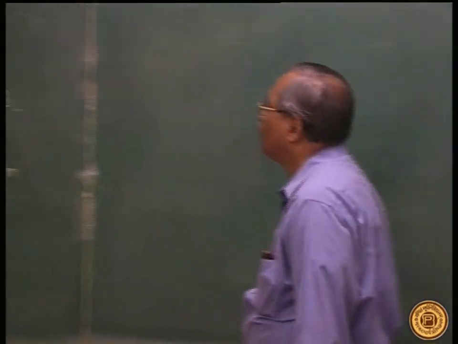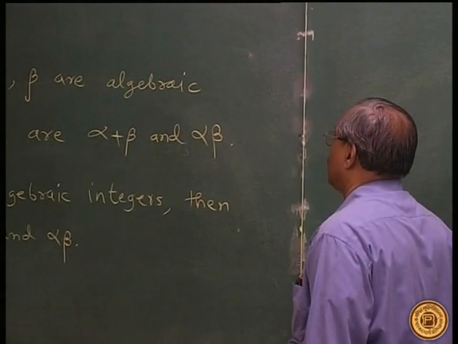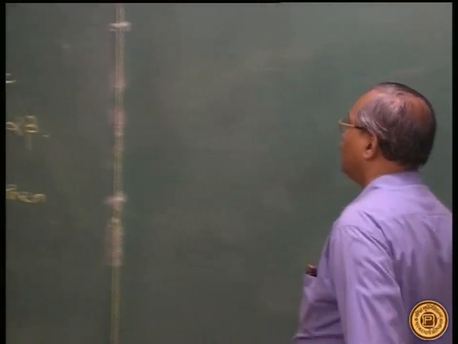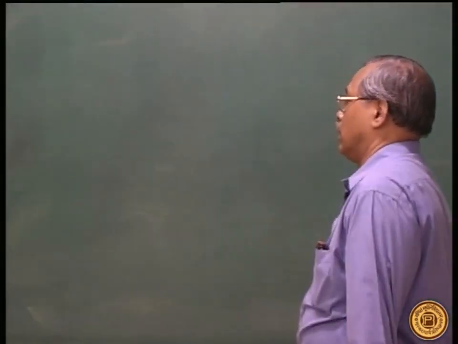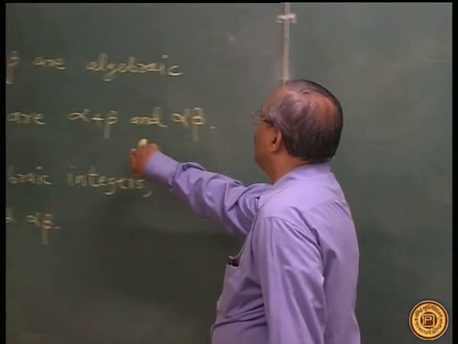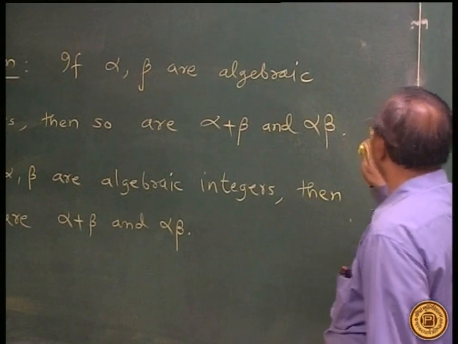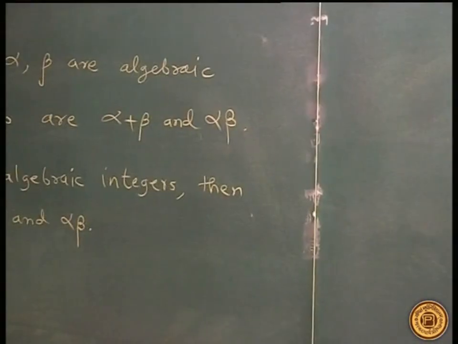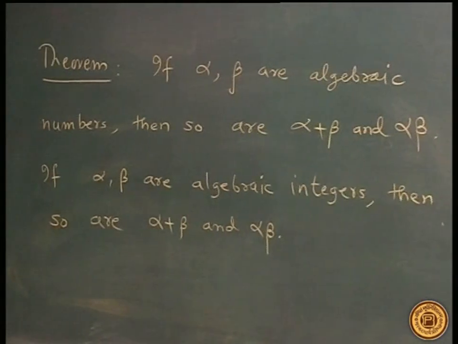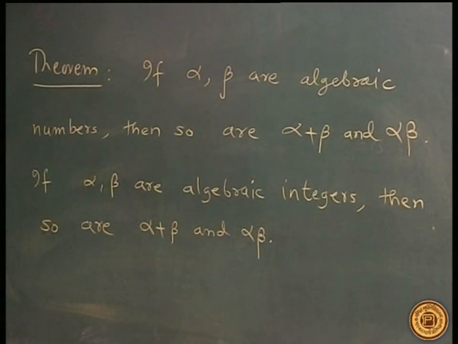So let me also do some simple results about minus alpha and 1 upon alpha in the case when alpha is an algebraic number. So let me do that first. So this is a simple result I will do first.